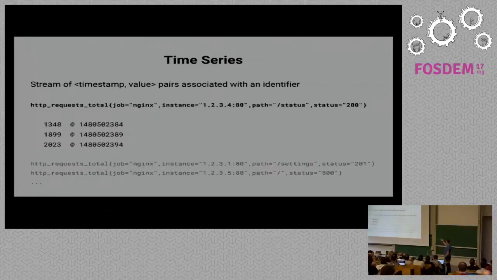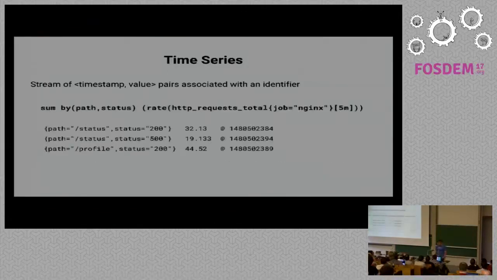And then this can in total look like this. We have a metric, and then, for example, a request path and a status code, and each unique combination of labels and their values is a new time series. And then you can do cool stuff with them, right? If you have a query language, you can do aggregations and other calculations. Here we have a rate function, which takes a window of 5 minutes over all the series associated with the metric name http_requests_total and job equals nginx.